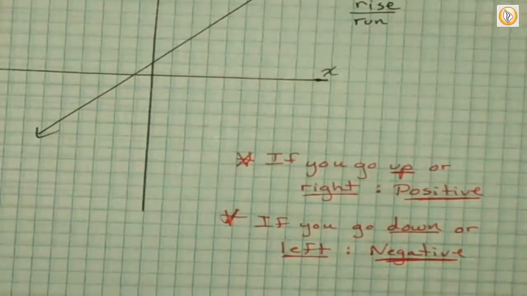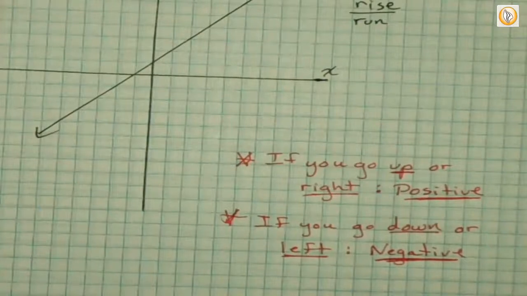You need to know that. If you go up or right, it's positive. If you go down or left, it's negative.